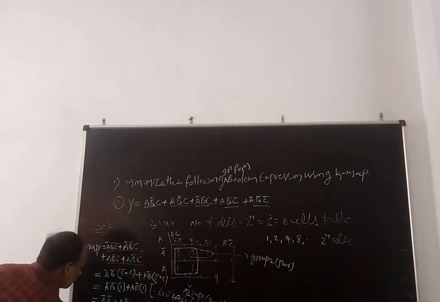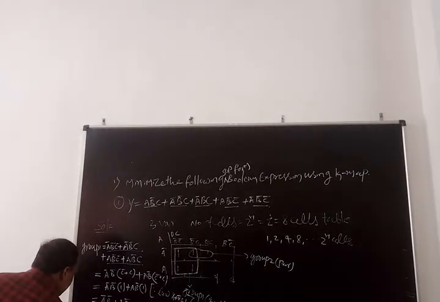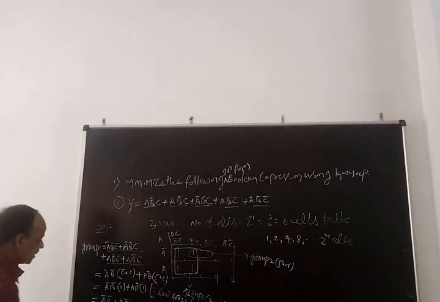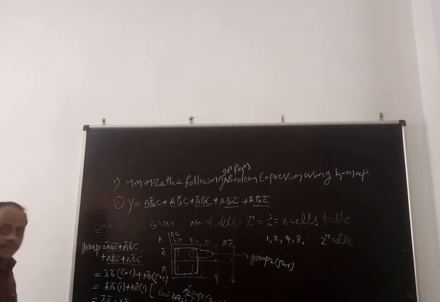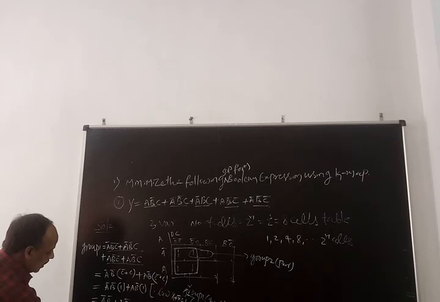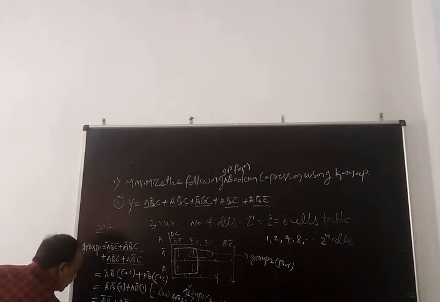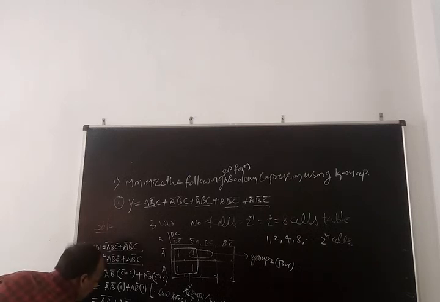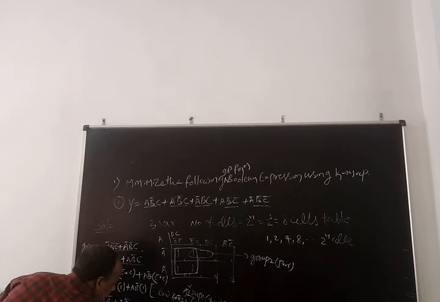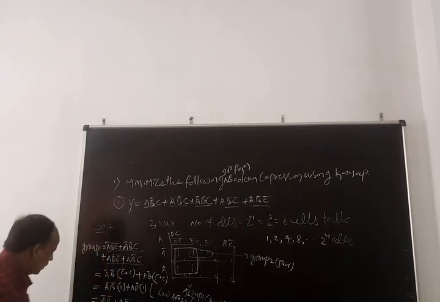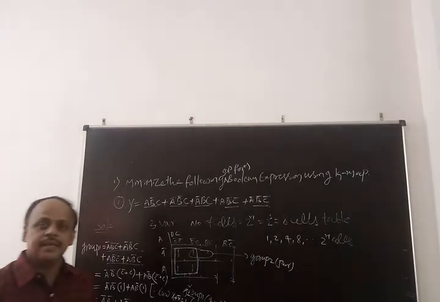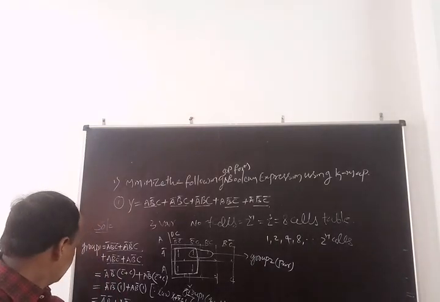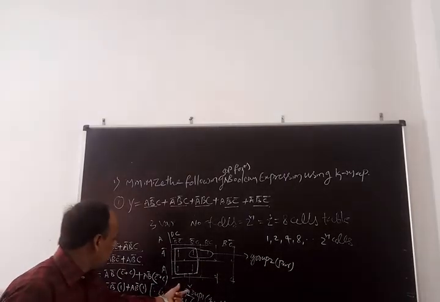Now in these two terms, what is the common factor? B bar is the common factor. If we take B bar as common, what is the left thing? A bar plus A, right? So here also instead of A plus A bar we have to place 1. Then it becomes B bar into 1, because x plus x bar is equal to 1. Then we get B bar. B bar is the simplified term of group 1.